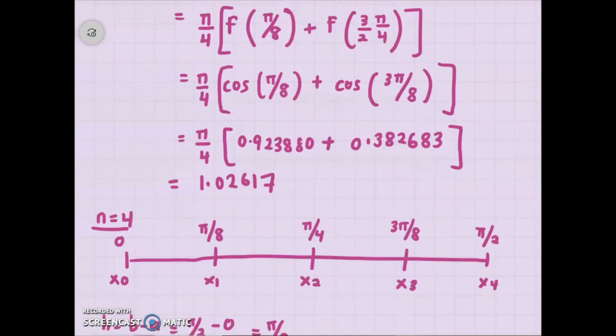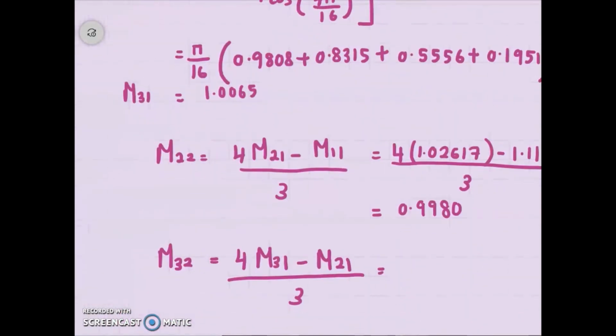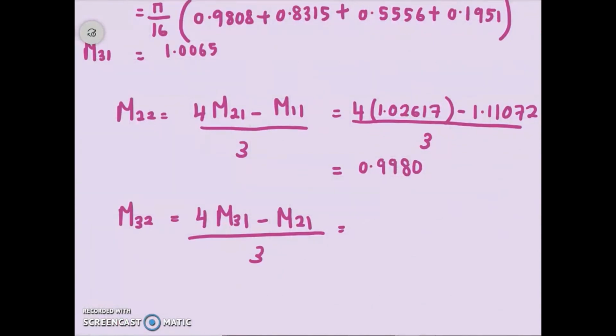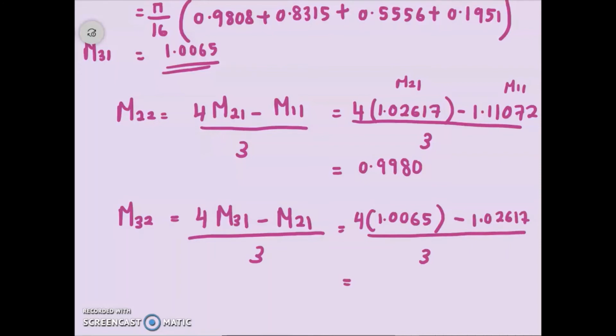So M31 is 1.0065 minus M21, which is this one, 1.02617, divided by 3. Use your calculator to do it, and I will get 0.9999. I'm taking 4 decimal places.